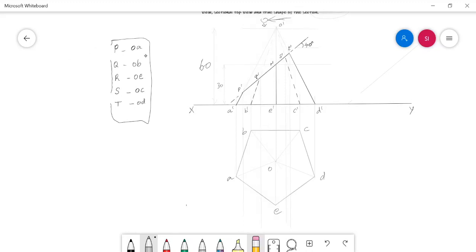For example, now I am going to mark the cut point P dash in the top view. Actually, the cut point P is in the edge OA. So track the projector. Whenever this projector intersects the edge OA in the top view, we need to mark the cut point P. Here it is.